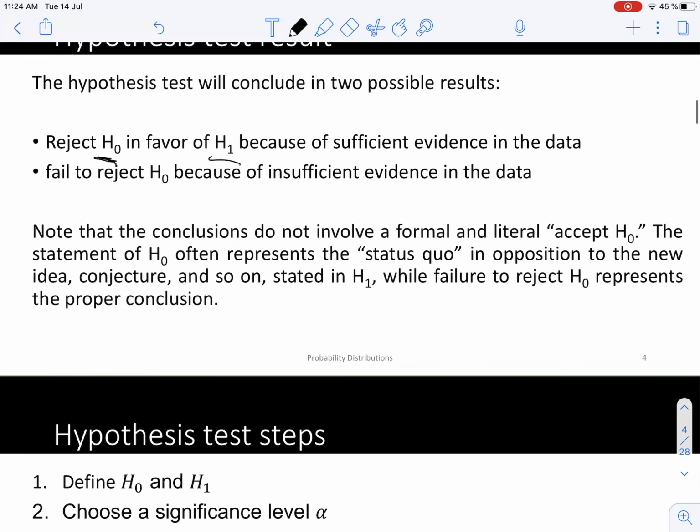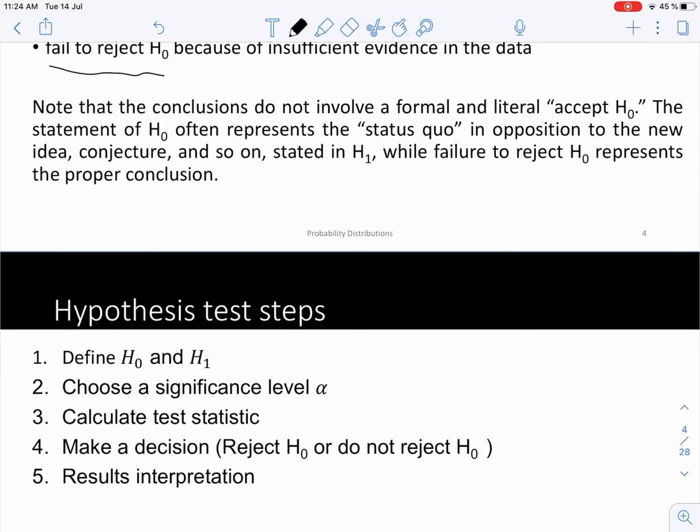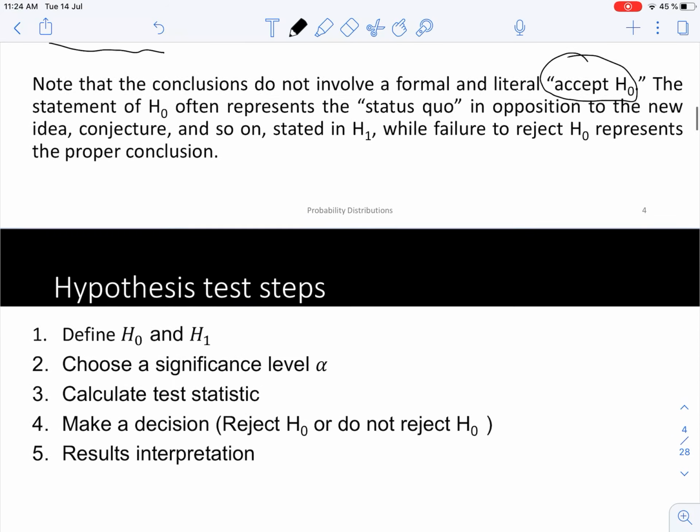Or the second alternative is that we do not reject the null hypothesis with a confidence level that is defined. So again, you reject the null hypothesis or you don't reject the null hypothesis. So usually we don't use the term accept the null hypothesis. The equivalent here in statistics is we do not reject the null hypothesis.